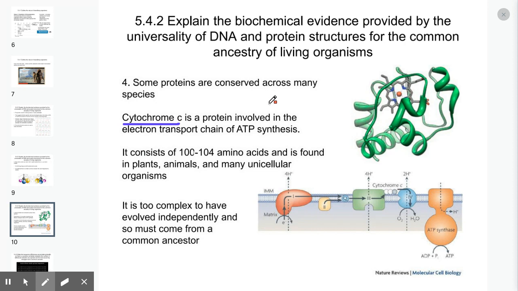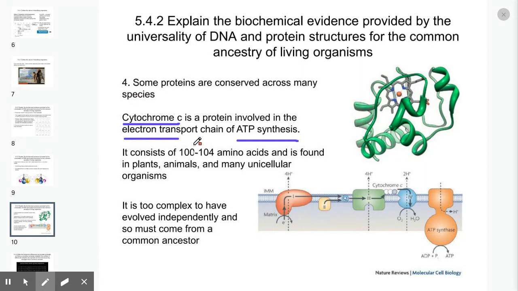Cytochrome C is used in the electron transport chain, which we will talk about later. But this is in cell respiration and making ATP. Now, yes, it's slightly different as you look at different species, but it's used for the same thing.